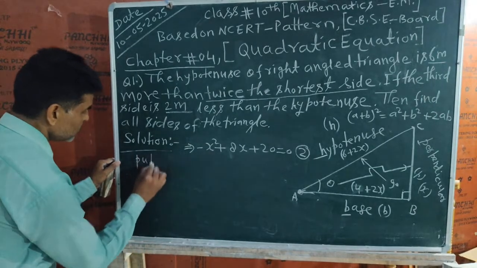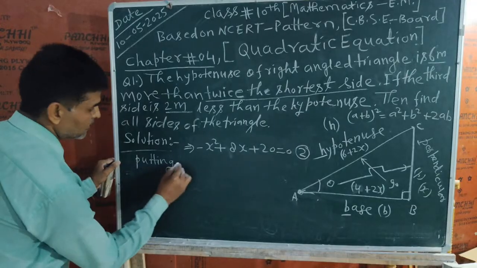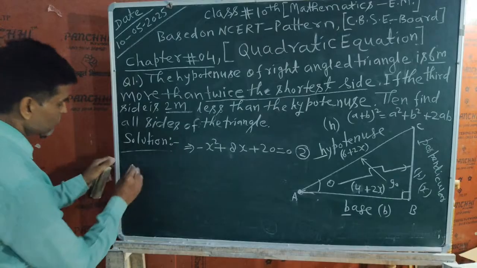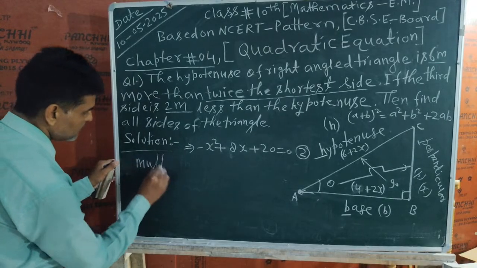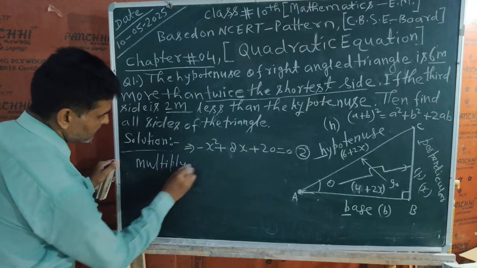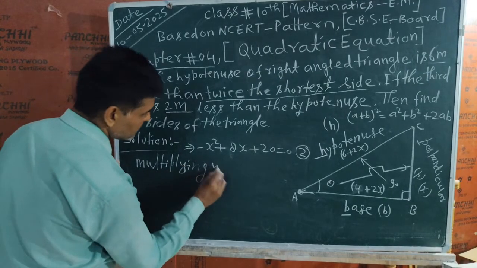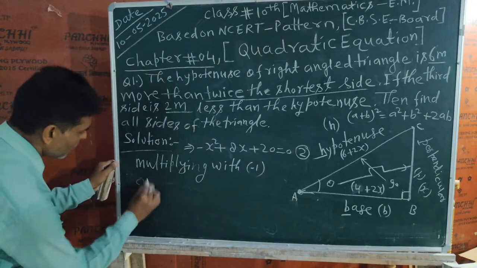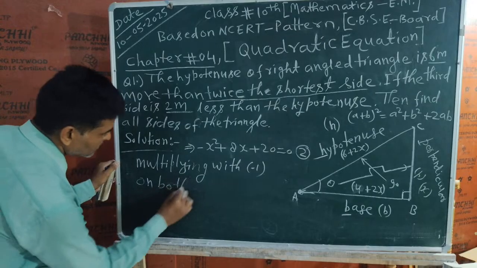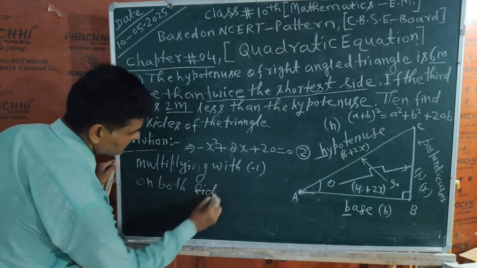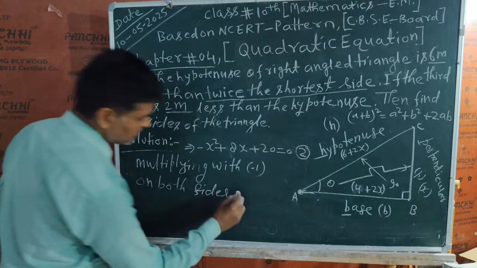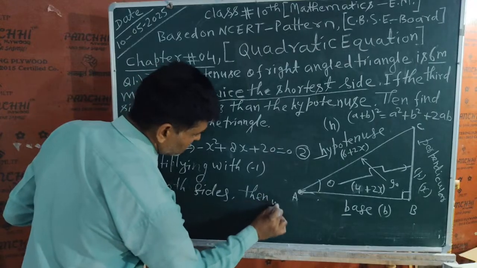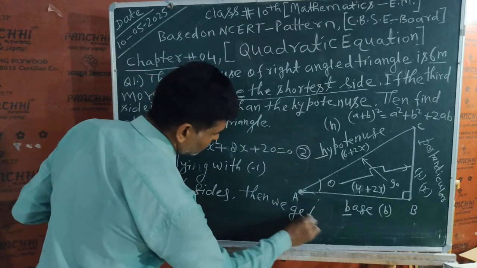So here I will write multiplying with minus 1 on both sides, then we get. Okay, student.